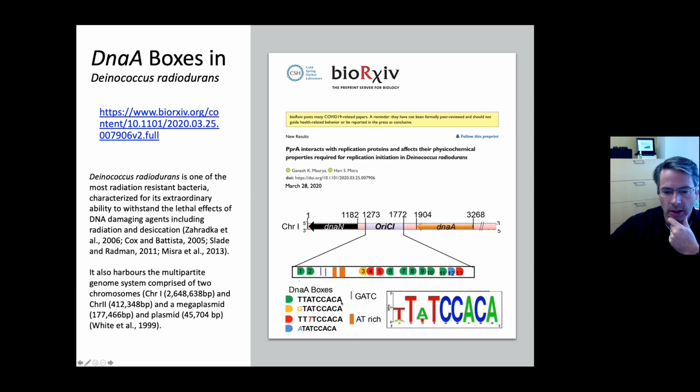This green one is the sort of canonical DnaA box, but not all of the DnaA boxes match in this bacterium, and so you end up seeing that positions 1 and 3 are both variable. Position 3 can be an A or a T. Position 1 can be a T, A, C, or G. I guess the yellow one is too squished to even see, but it's a G.